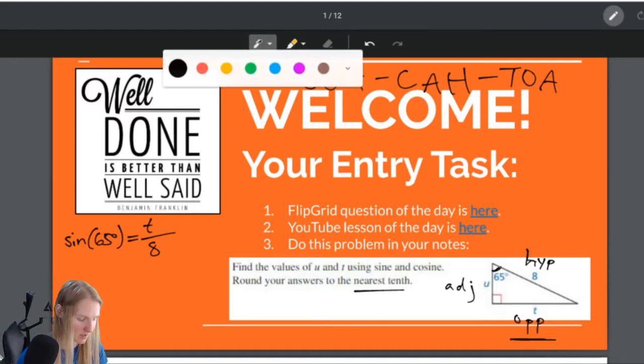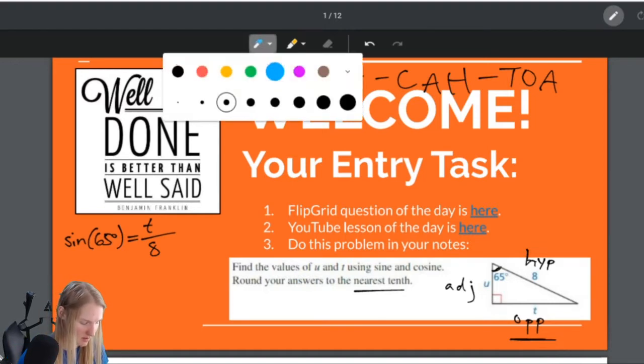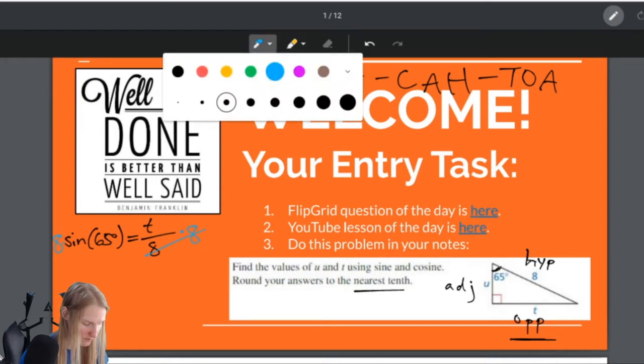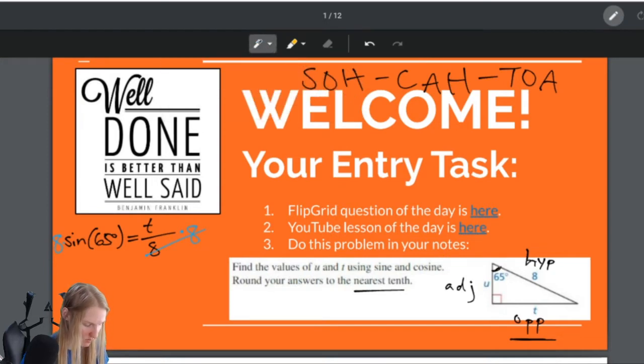And now, to get that t by itself, we're going to multiply both sides by 8. So those will go away. And now we have 8 times sine of 65 degrees equals t.